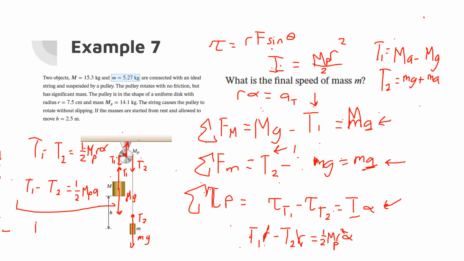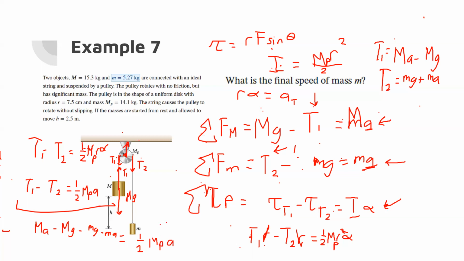And I get that Ma minus Mg minus, let's say, mg minus ma, gotta erase some stuff here, is going to be equal to 1/2 mp times a, like that.